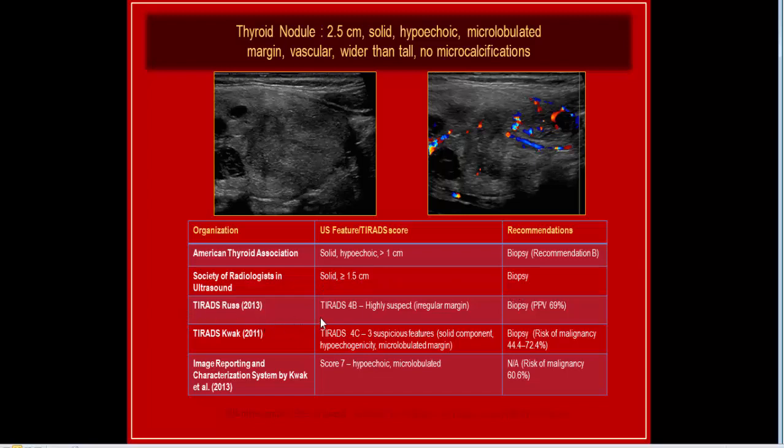TI-RADS: 4B, highly suspect, recommend biopsy. Quack at 11: TI-RADS 4C, 3 suspicious features, solid component, hypoechogenicity, microlobulated margin, recommend biopsy. Quack at 13: score 7, hypoechoic, microlobulated, no abnormalities, no risk of malignancy.